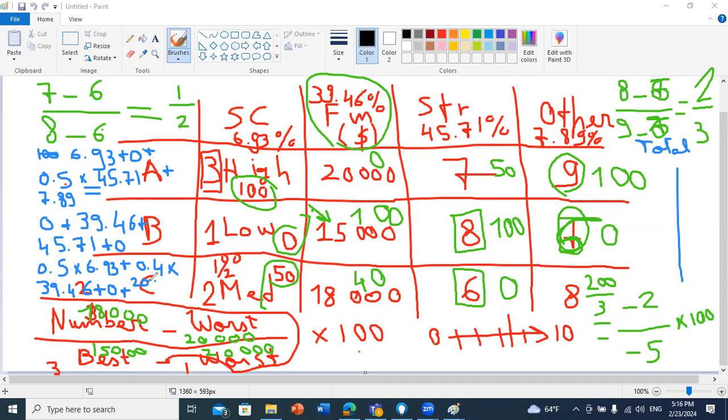So 200 over 3 over 100, so 2 over 3 times 7.89.